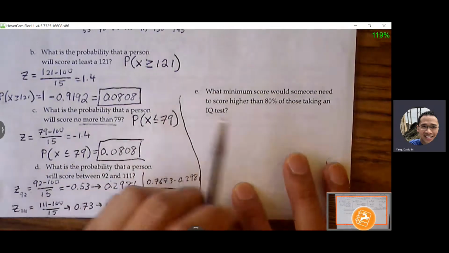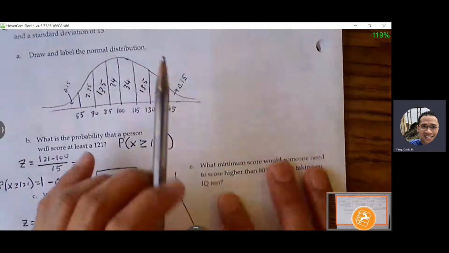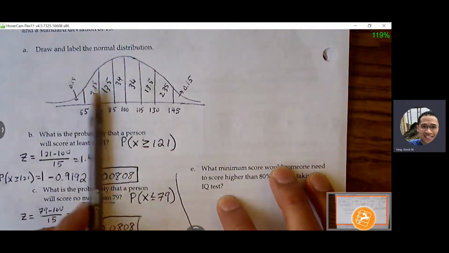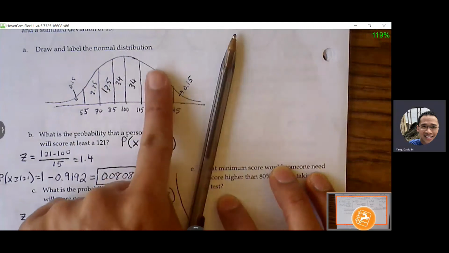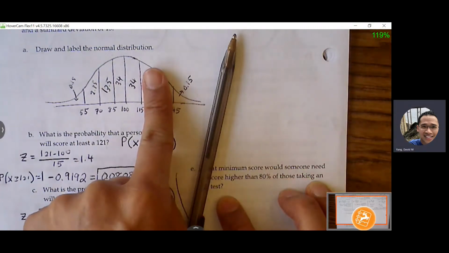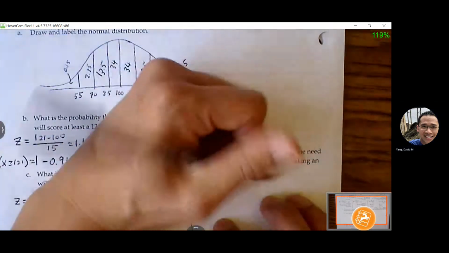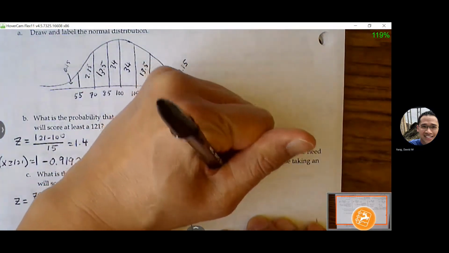Okay, so the closest that we can find, higher than 80%, the closest that we can find off of this is right here, right around 0.84. So we'll let that be our, here's our formula.